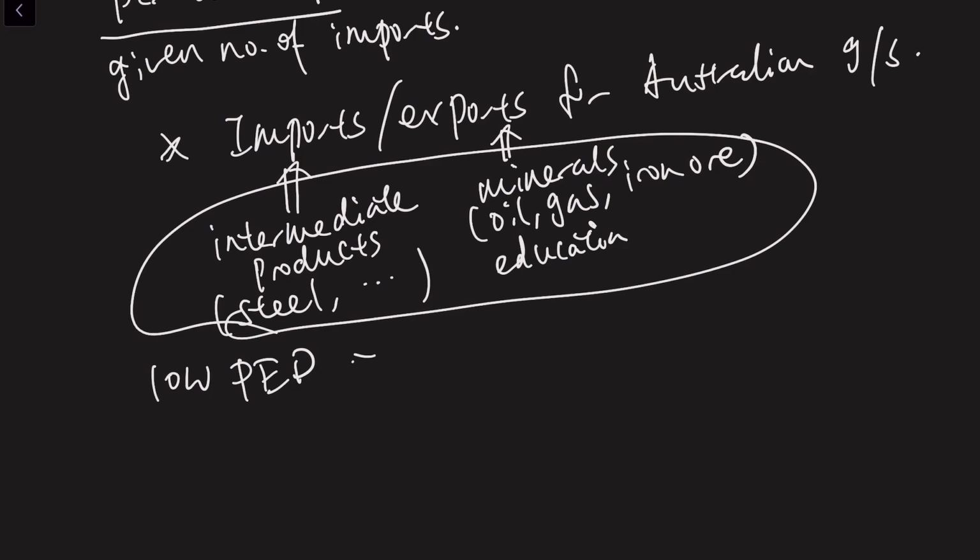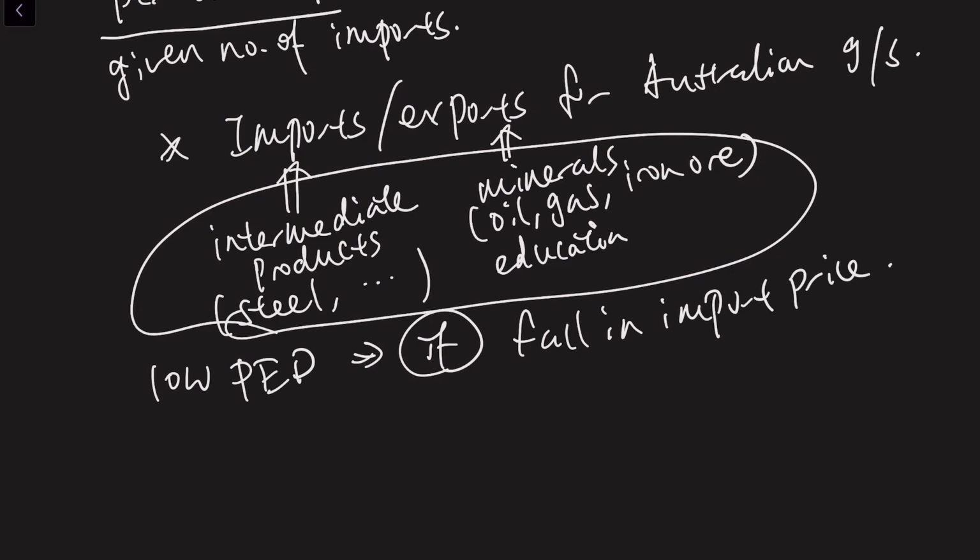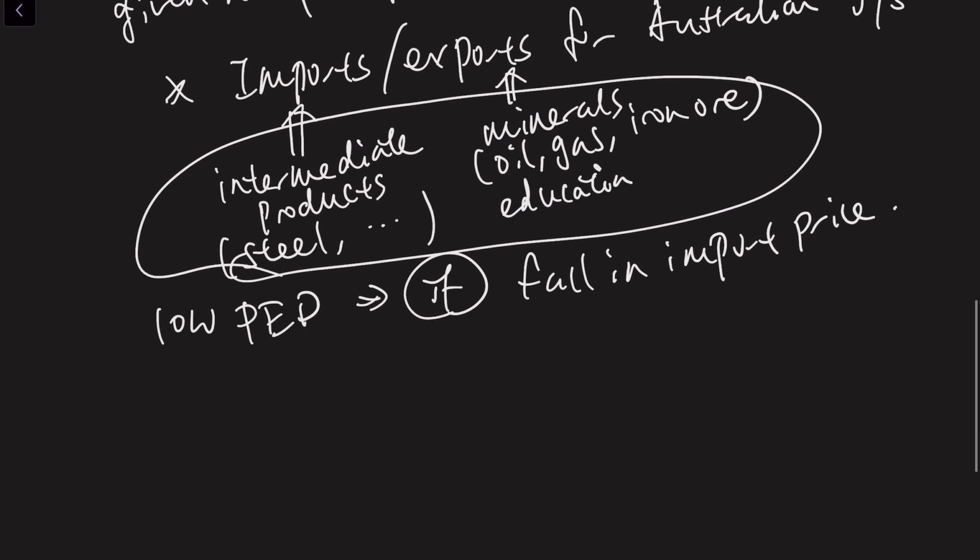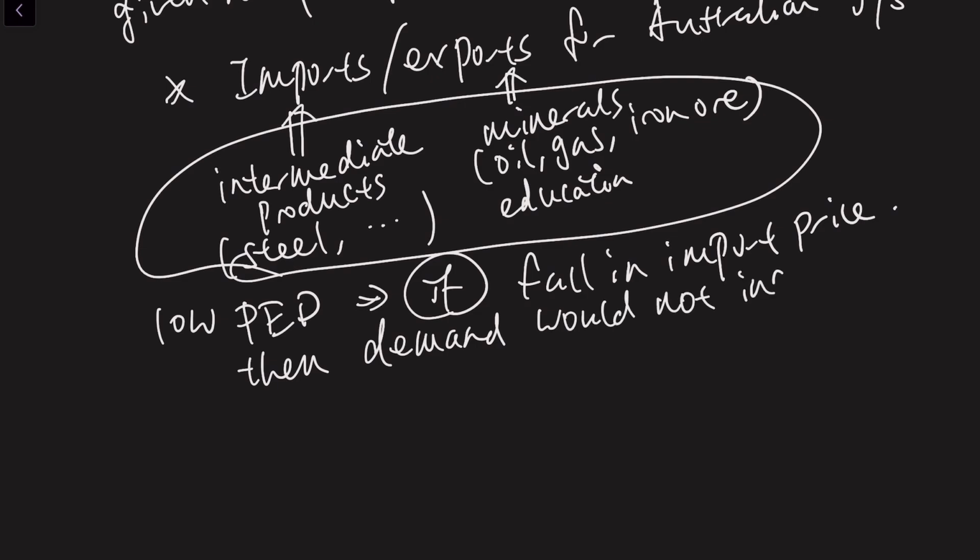And this means if we have a fall in import price, so a fall in price of intermediate products, then the demand would not increase much. Because let's think about what stuff Australia imports.